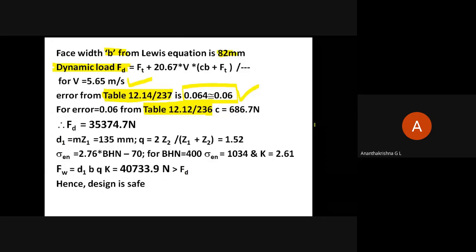Travel horizontally, and then vertically, look for 0.06 error. Under 0.06 error, travel down till they intersect at a point. What is the value of C that you are going to get there? 686.7. Okay, anybody else who has doubt in this?